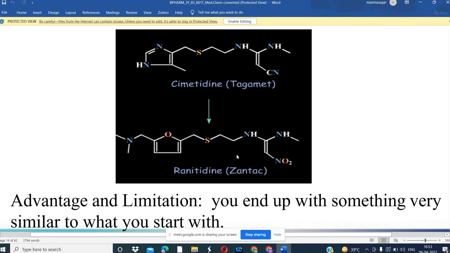In the second compound, the nitrogen is not here, an oxygen is here. So you can see the modification in the drug. Instead of N we have O here. So this is the modification in the ranitidine drug. This is one example of the modification. Are you able to see?